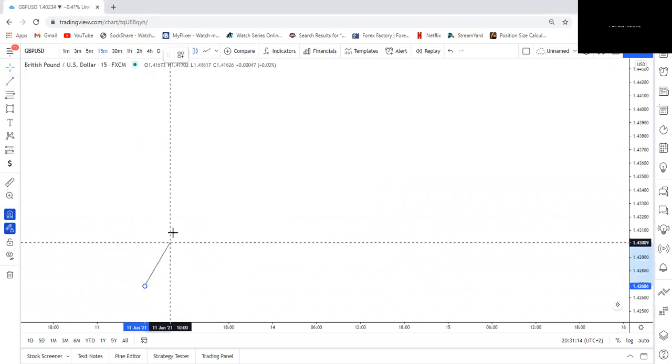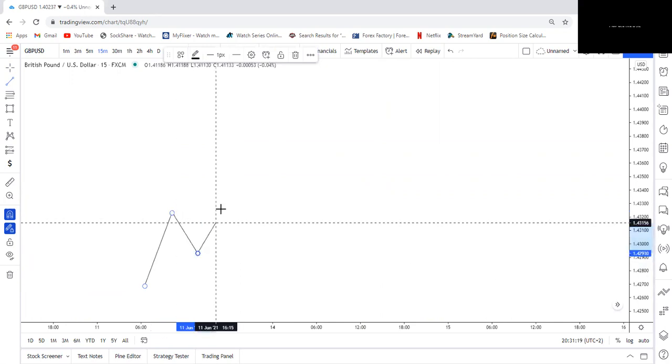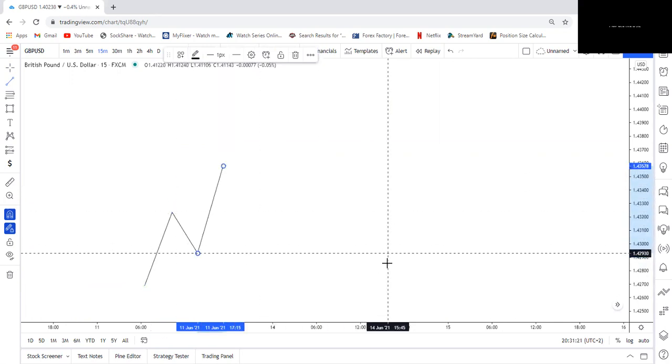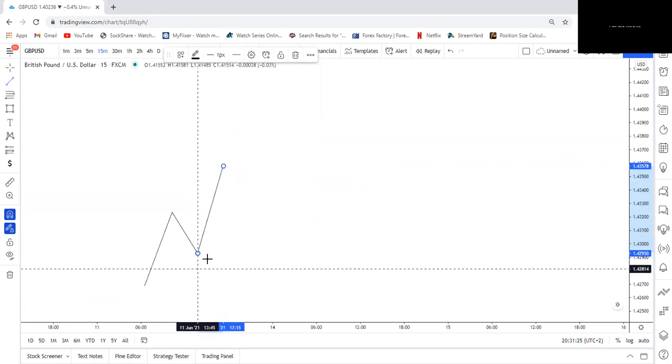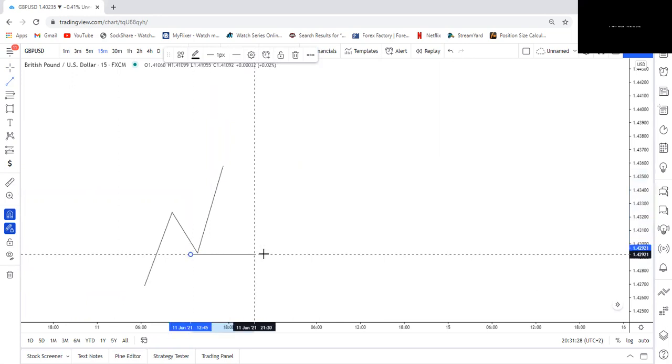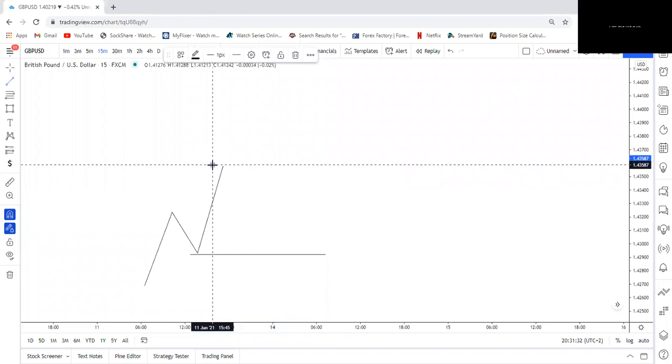Okay, so guys, let's just look at this. This is going to be the uptrend, what I'm drawing right now. So higher low, higher high. I do want to mention something that I forgot to mention within the beginners video. This higher low only becomes a higher low once a new higher high is formed.